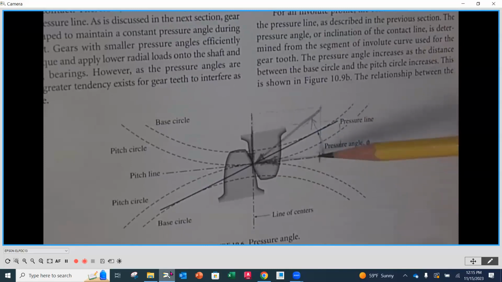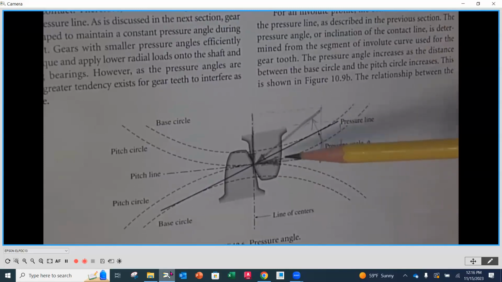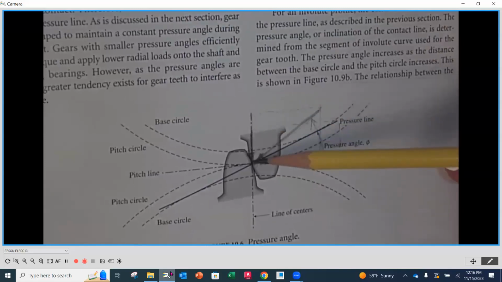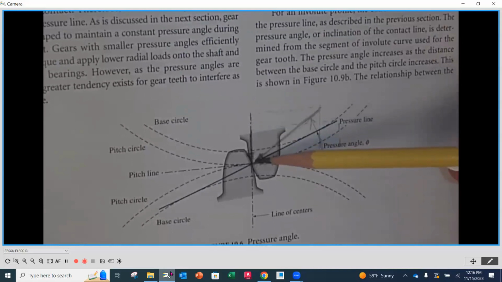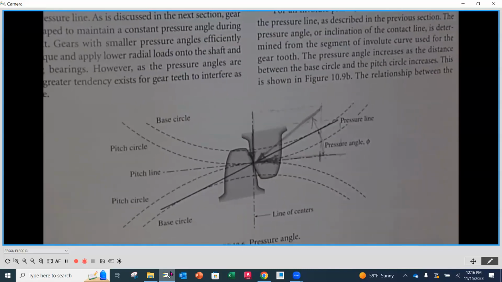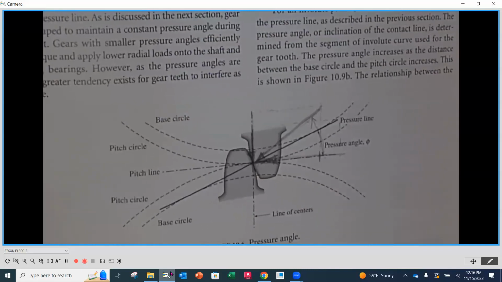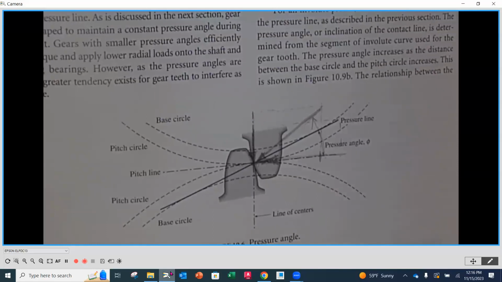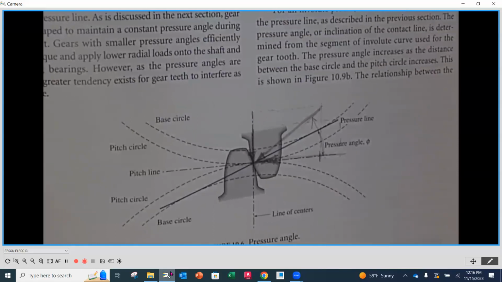So comparing 25 to 20, I'm going to get more magnitude on my radial and less on my tangential. Why would that be advantageous for an application where I anticipate higher forces, higher torques?